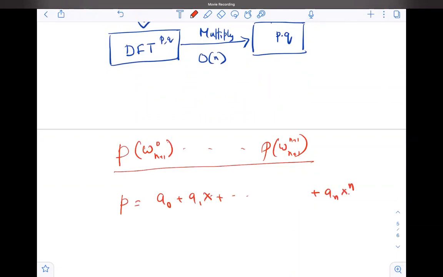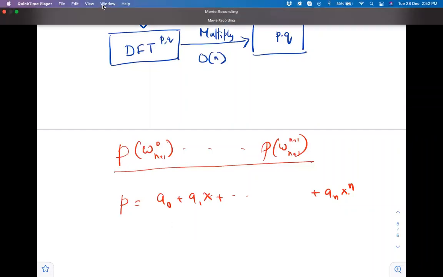How do we partition this polynomial into two polynomials such that evaluating P can be done by looking at the evaluation of the smaller polynomials? We can just split it at the midpoint. Will that help? That is one way of doing it.